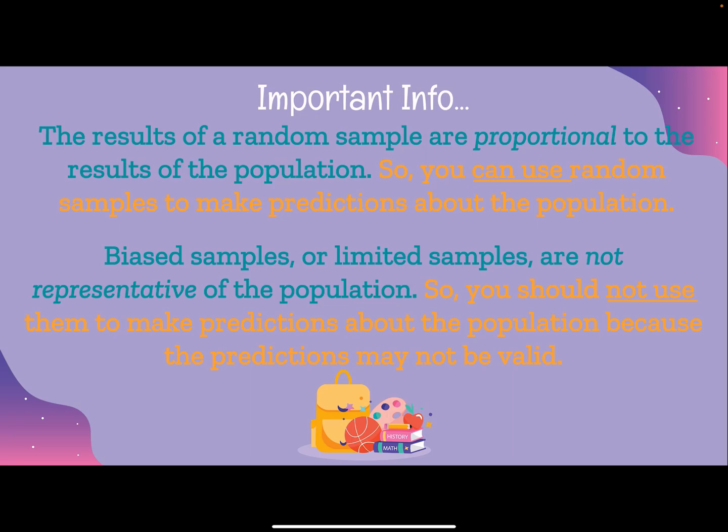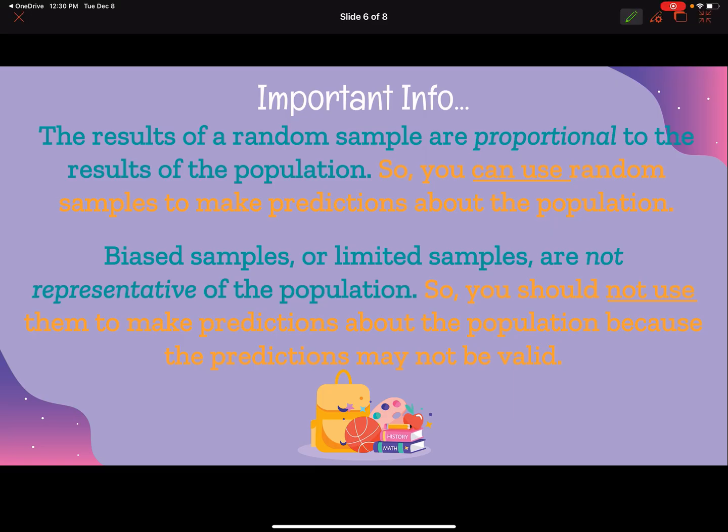Okay, some more important info that you need to be looking for. The results of a random sample are proportional, keyword proportional, to the results of the population. So you can use random samples to make predictions about the population.